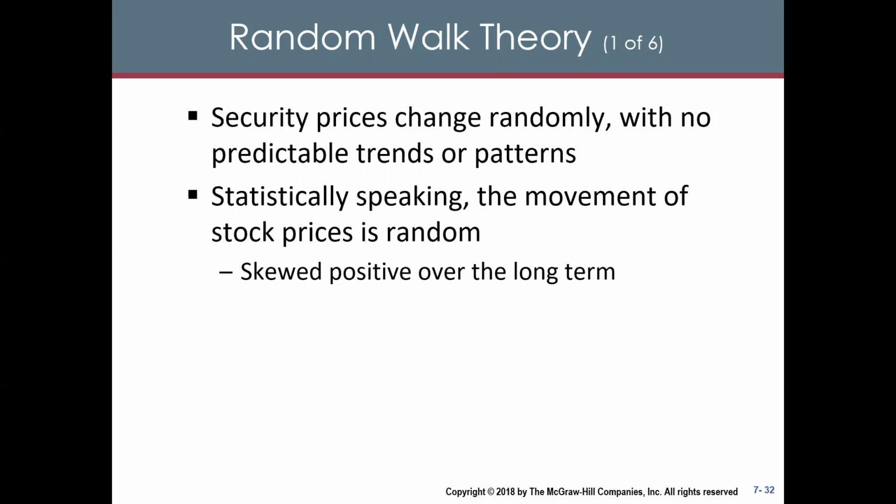The overall return from using all the historical data is going to be positive. However, the security price change is random. The keyword here is the change. So it's not that the security price is random, but that the price change is random.